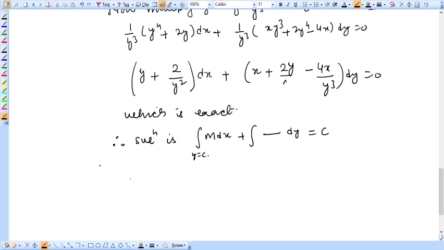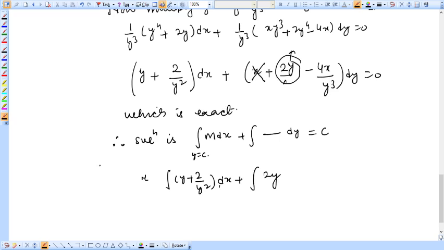Or rewriting this here, M is equal to y plus 2 over y square dx plus, see this is your N, this term contains x, so we will not be including this. This term does not contain x, so we will be including this 2y.